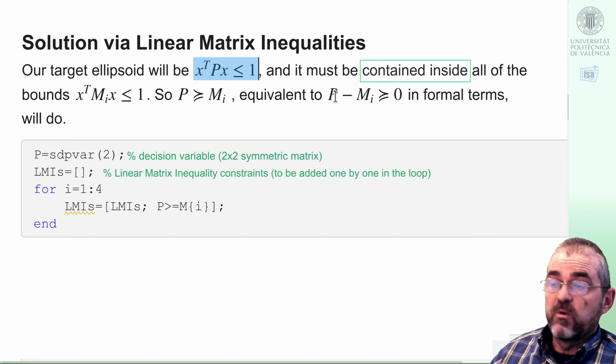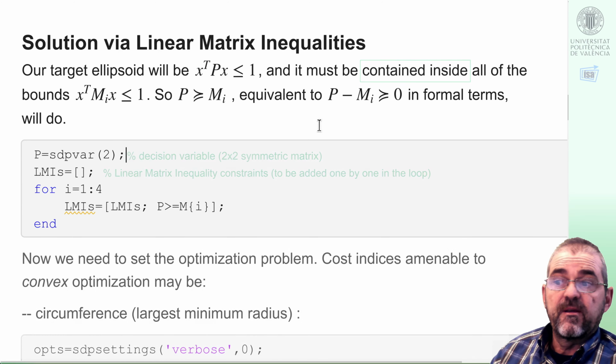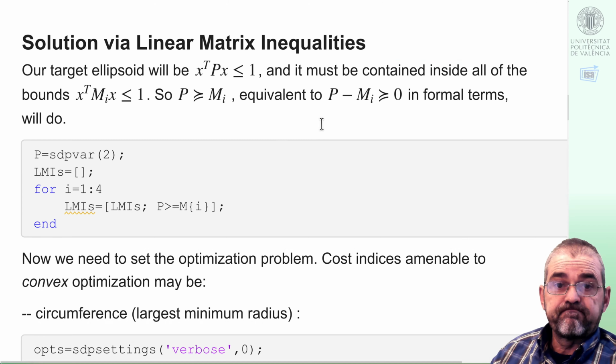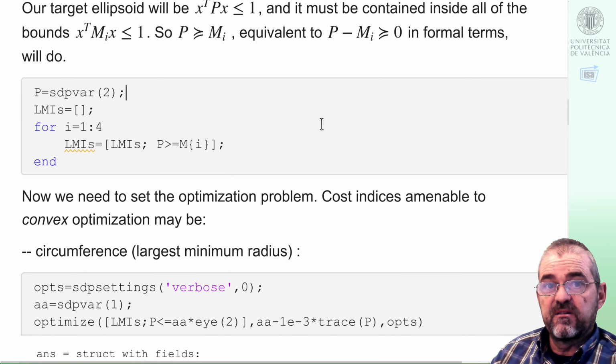So good, we have these constraints, and then which is the cost index? Well, the cost index needs to be something amenable to convex optimization, at least in principle, because non-convex stuff is much harder to optimize, takes longer, and we usually cannot guarantee that our optimization converges to a global minimum.